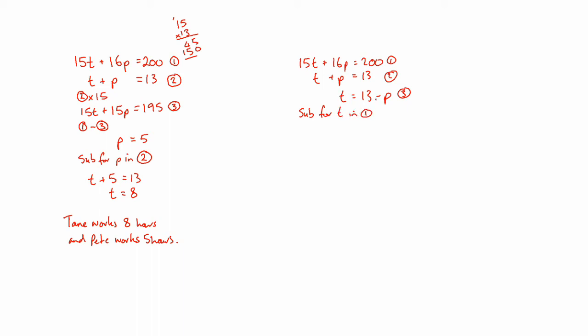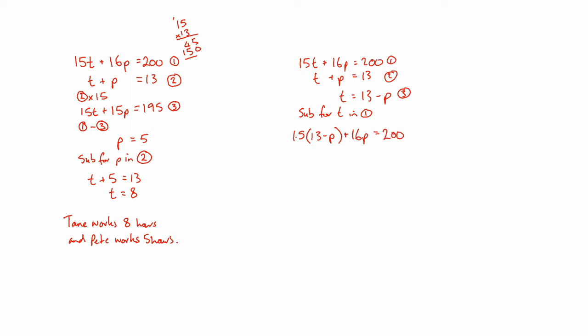Where it says t in equation 1, we're going to put the value of t, which is 13 minus p. So we have 15 times 13 minus p, and you'll notice that we can't get away from that 13 times 15 that we had to do in the other method. It's still that big multiplication, but otherwise it's a similar process. So the rest of the equation, plus 16p equals 200.